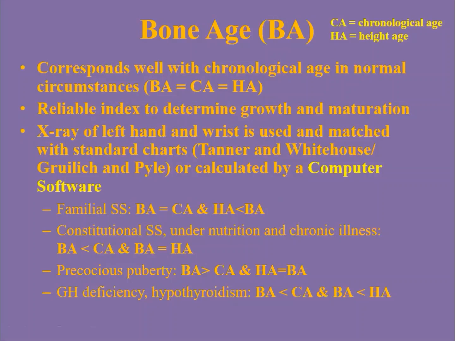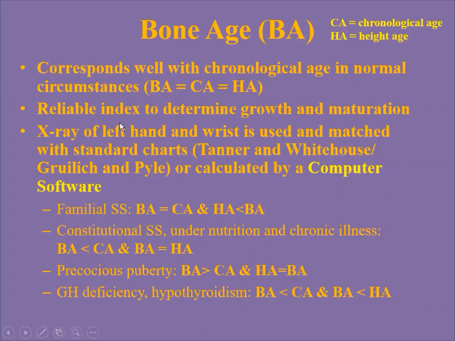The X-ray of the left hand is taken, and in a normal child, in a normally growing individual, bone age is equal to the chronological age, which is the actual age, and the height age. What is height age? Height age is the age at which this particular height would be the median. So a normal child's height age will be his chronological age. So when I show you the examples, you will understand better.